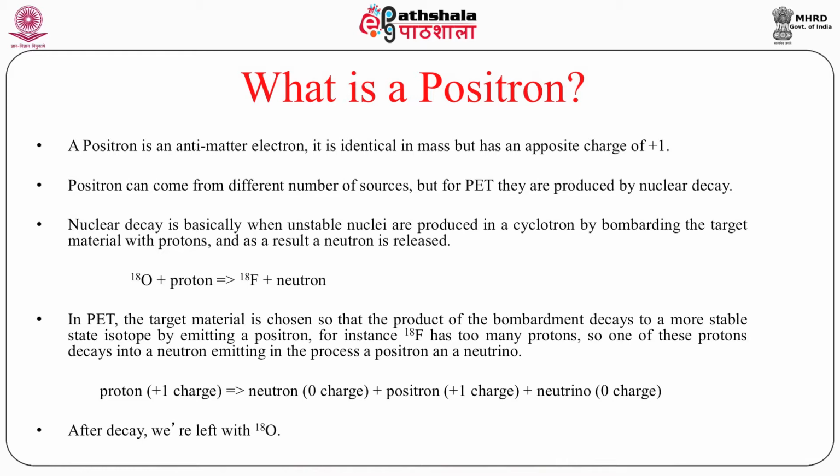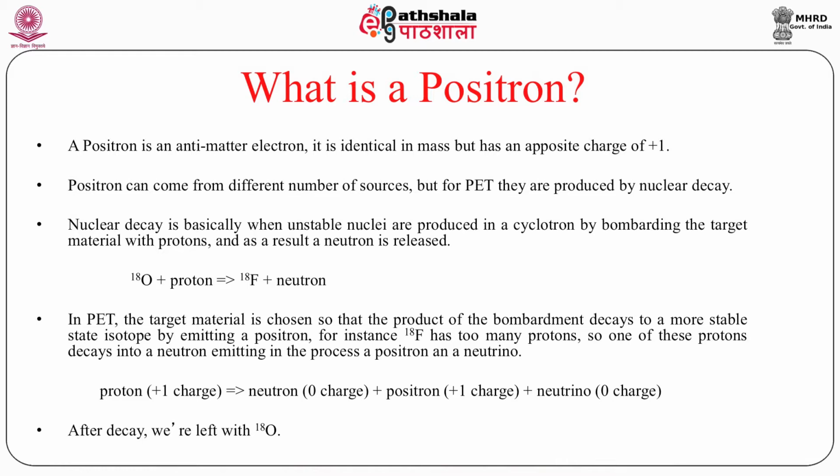For instance, F18 has too many protons, so one of these protons decays into a neutron, emitting a positron and a neutrino. It means when O18 water is taken and hit with a proton, we get F18, which is a positron emitter, and a neutron is emitted during this reaction.